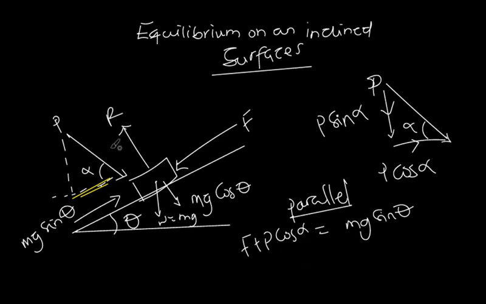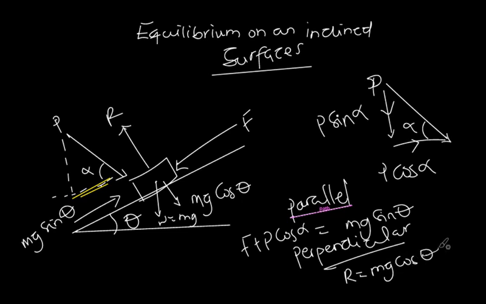Now for the perpendicular forces, that is forces coming downwards, we tend to have something different. For the perpendicular force, we know R. In the first example, we have R equal to Mg cos theta.